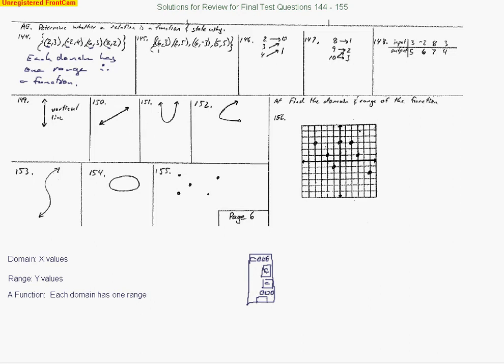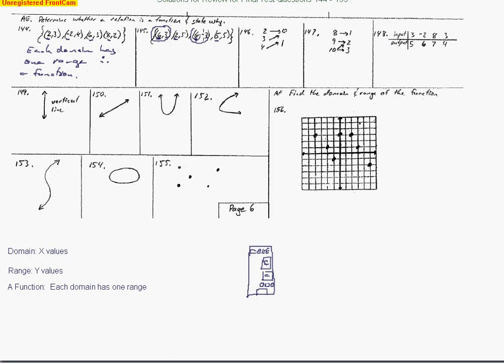So for instance, on this one here, notice that we have a domain of 6, 2, and 6, and then 5. See, this 6 repeats. So it's like pressing button number 6 and we get a 3. But here we press button number 6 and we get a -3. So right here, this makes it not a function.